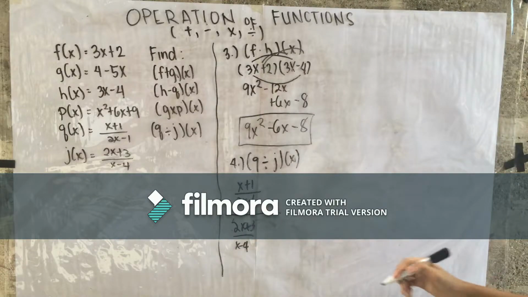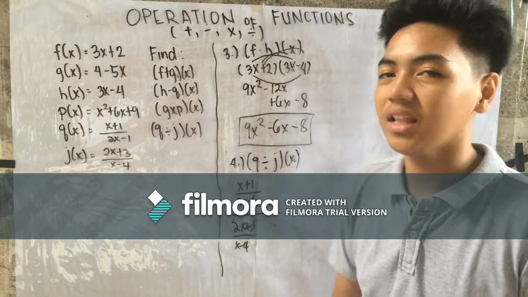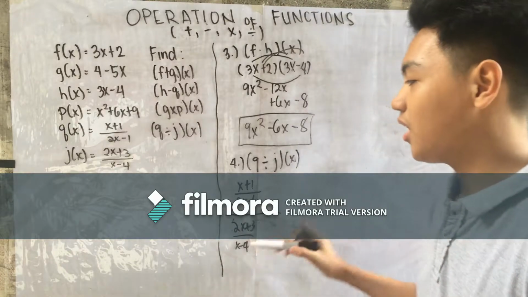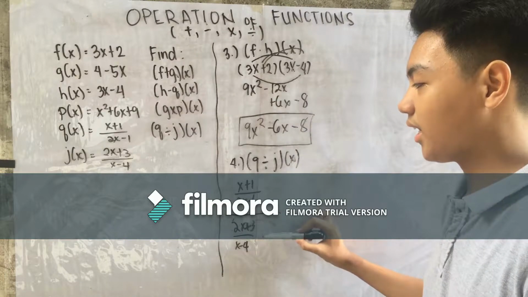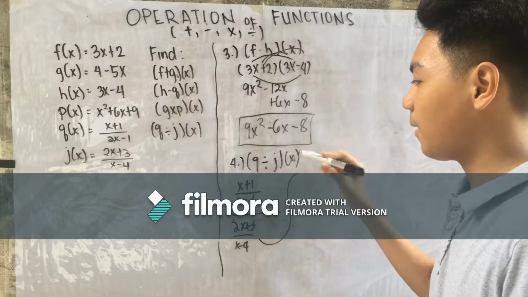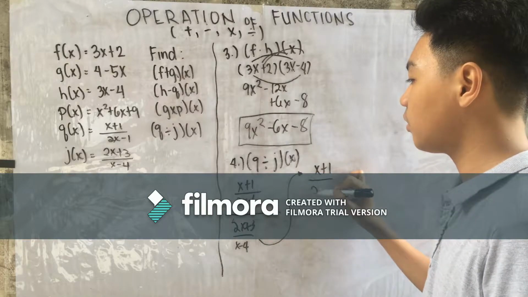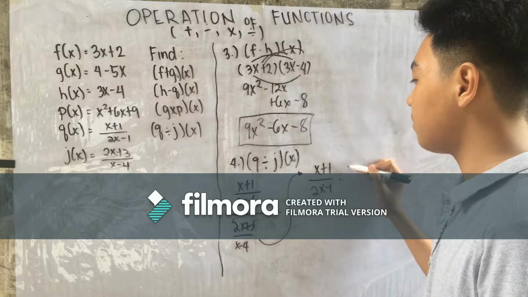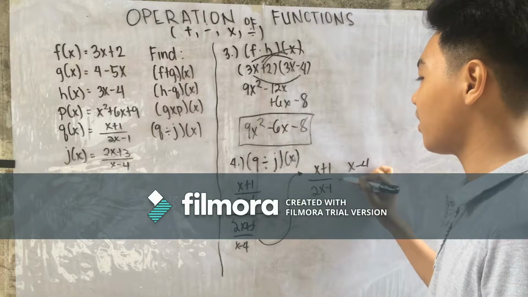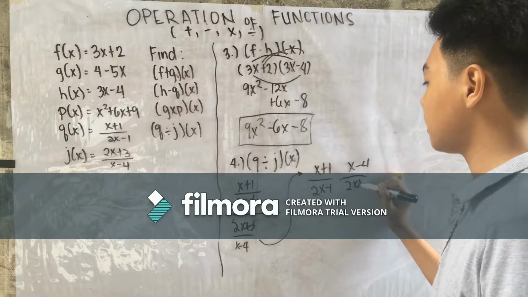So, ayan. Parang magdi-divide lang tayo ng fraction. Itong denominator, i-reciprocal natin sila. So, magiging x plus 1 all over 2x minus 1 times x minus 4 over 2x plus 3.